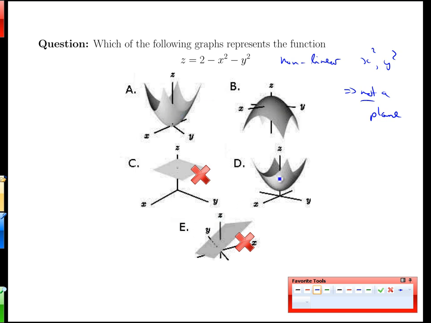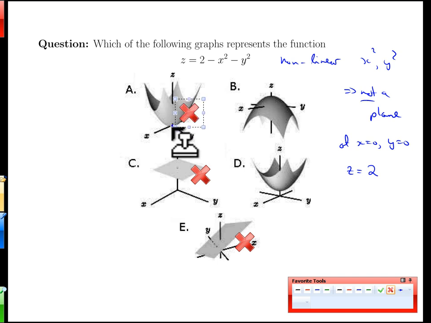That brings us back to these three shapes. There are a few things we can try right off the bat. My favorite is definitely using values for x and y, especially simple values like 0. At x equals 0, y equals 0, z is equal to 2. Well, at that point, this parabolic bowl looks like it's going through the origin, so that can't be right.